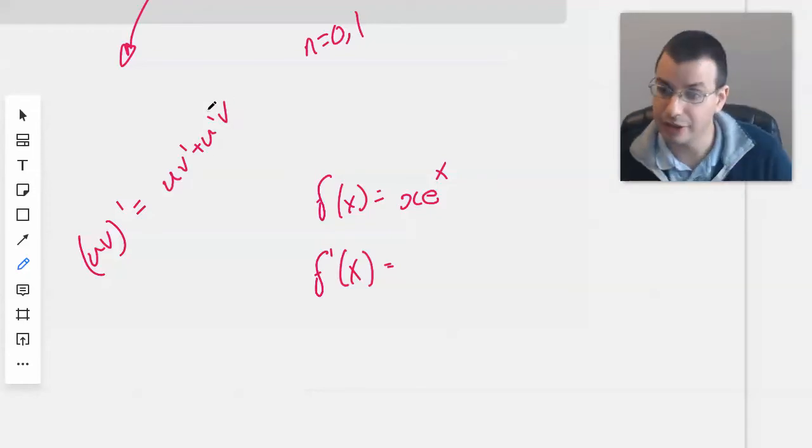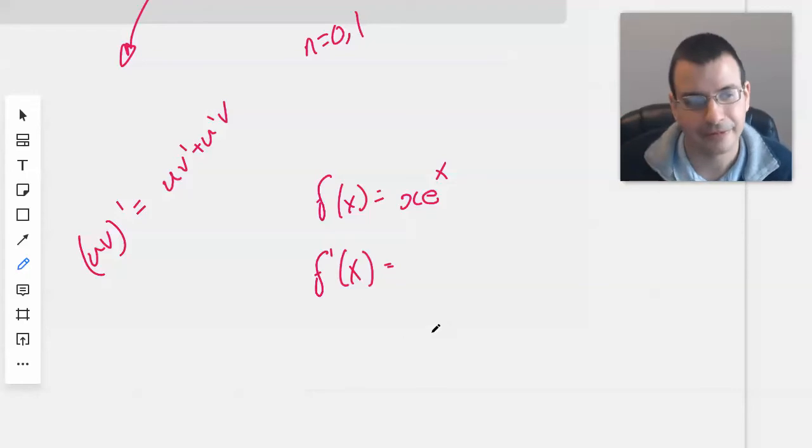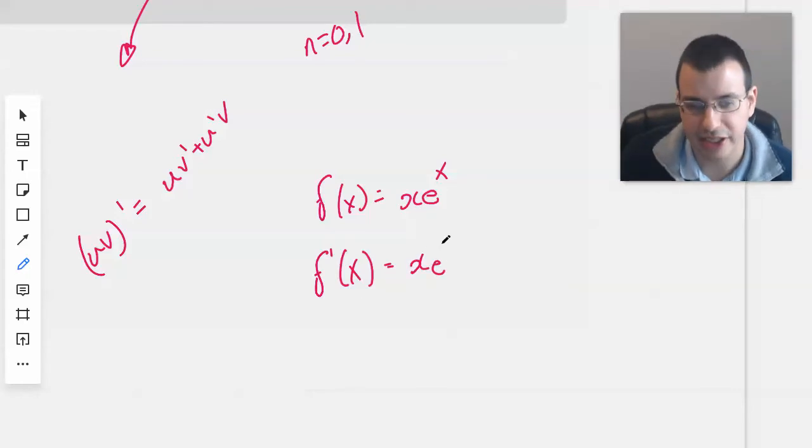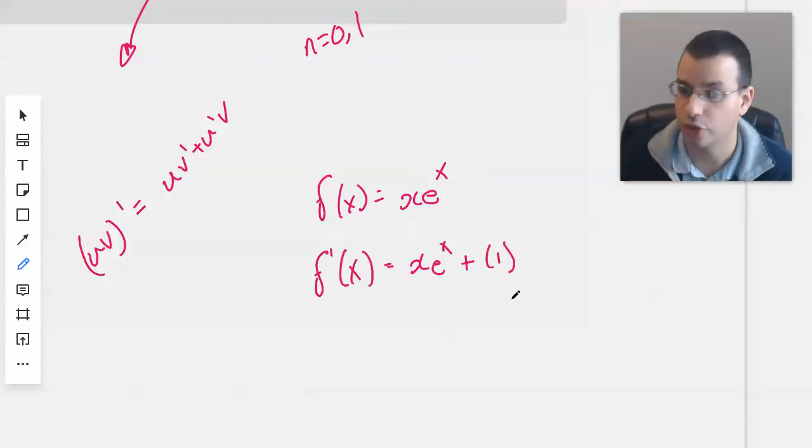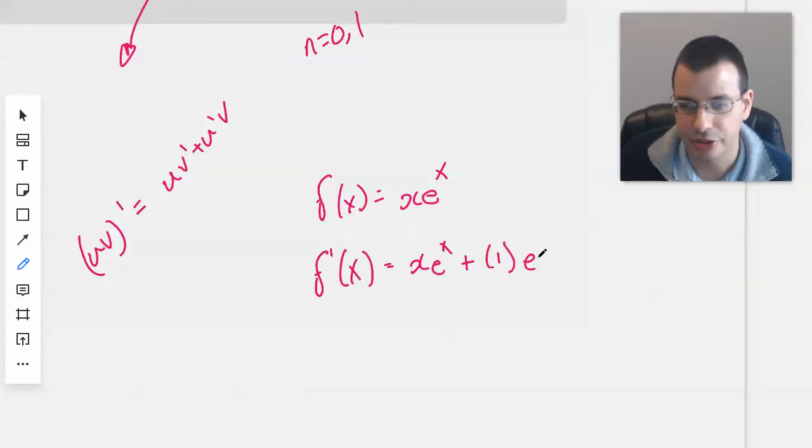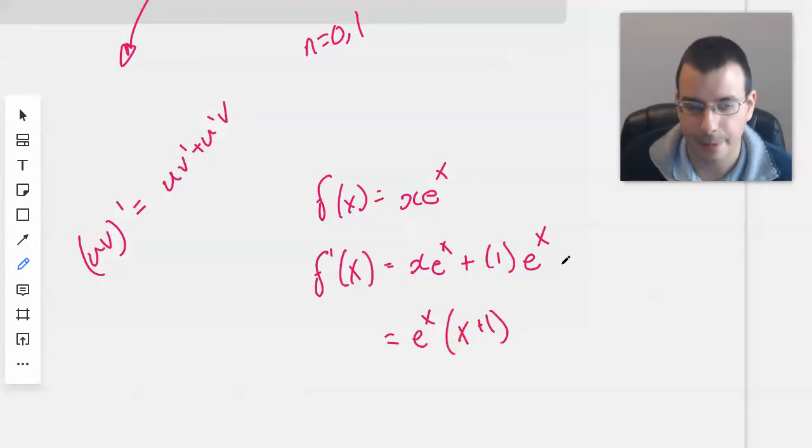You can tell I'm very much right-handed. So we'll say that x is u, so we'll have x e to the x, plus u prime, which is the derivative of x, which is 1, times e to the x, which is e to the x, x plus 1.